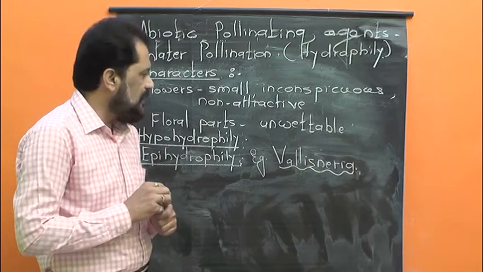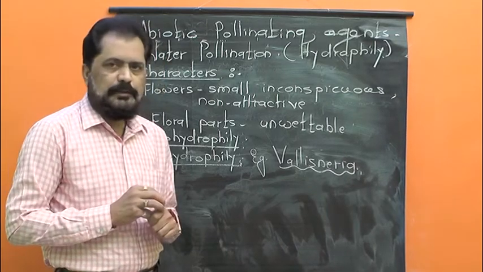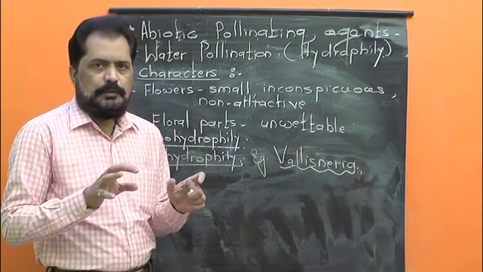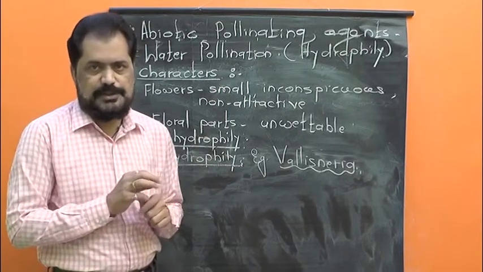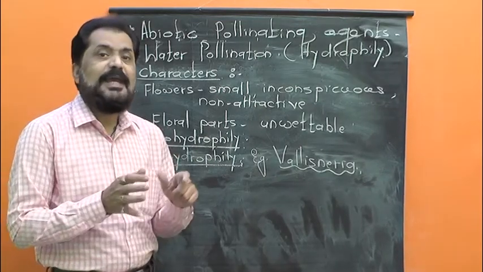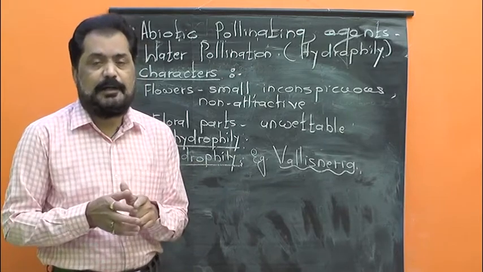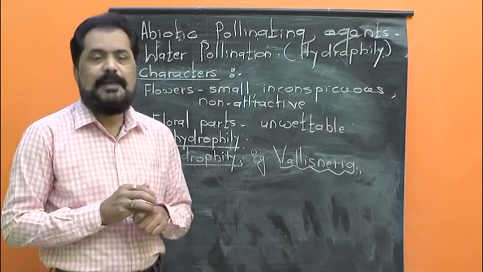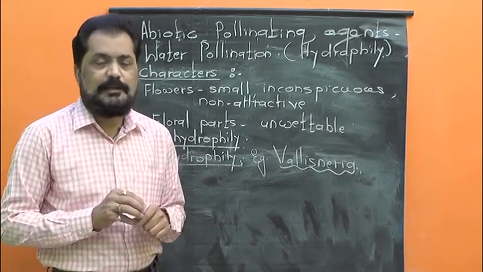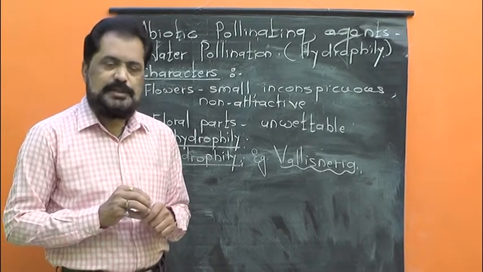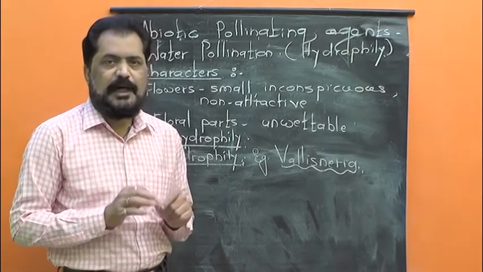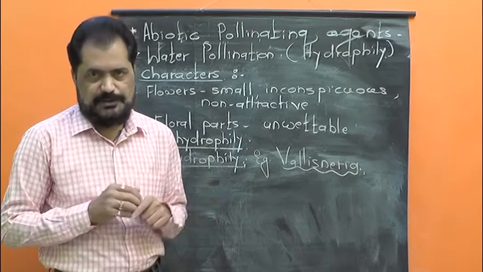Now in Vallisneria the plants show unisexual flowers, but the male plant and female plant are separate, and you know such plants are called dioecious plants.